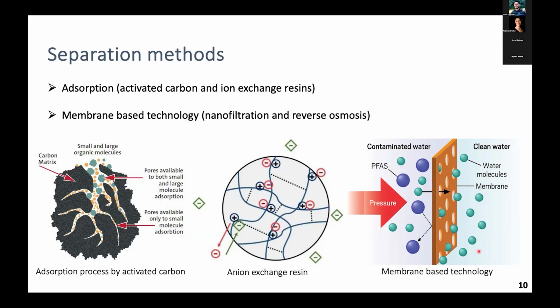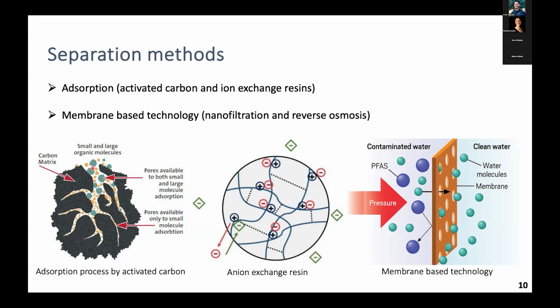And so the two adsorbents that are widely used are activated carbon and ion exchange resins. So if you look down here on the lower left, you've got activated carbon, a little cartoon of how this works.